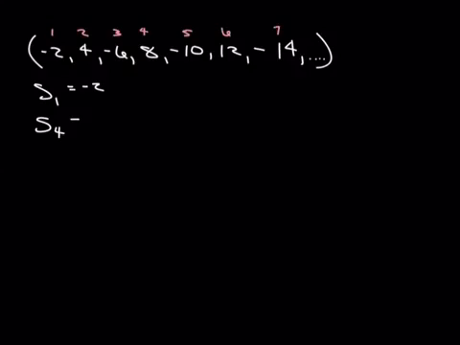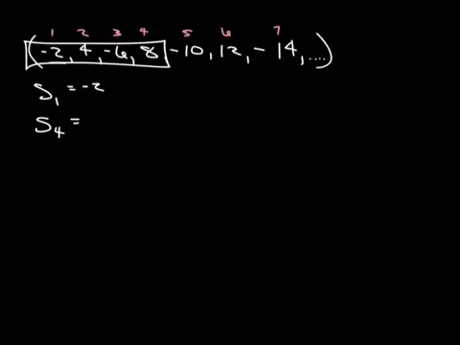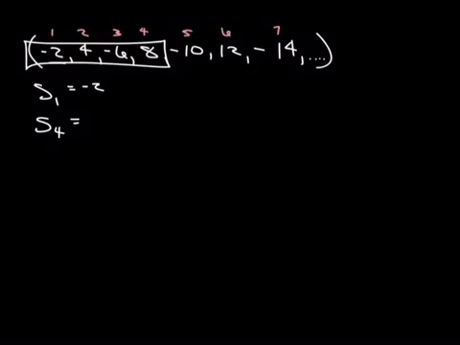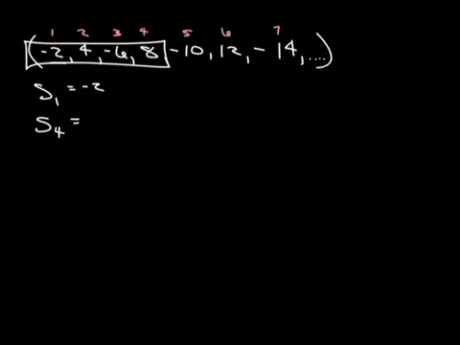S4 says, what happens if I add up the first 4 answers there? Okay, so what it's saying is, what do I get when I add up my first 4 outcomes, or my 4 y values given n is 1, 2, 3, 4. Okay, so I just add those 4 numbers up.